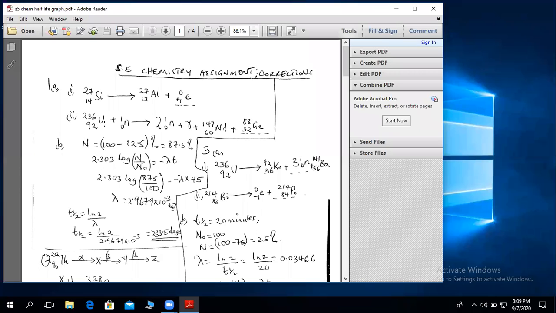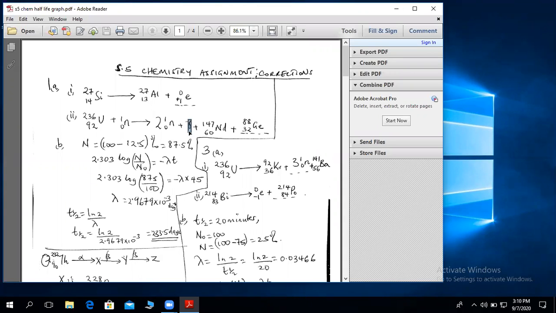Then when we look at this equation number 2, the mass number here is 236. Then we add 1, it becomes 237. We must make sure that what we have on the right also becomes 237. However, this one is a gamma ray.